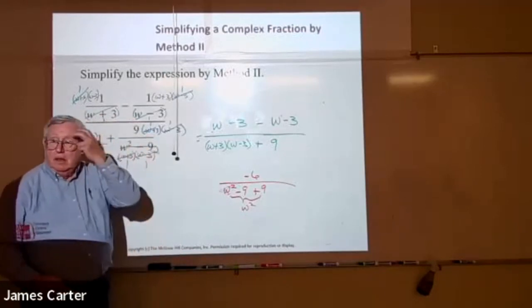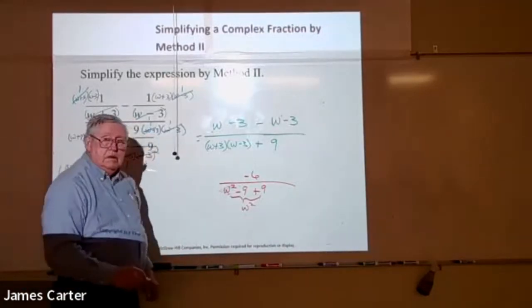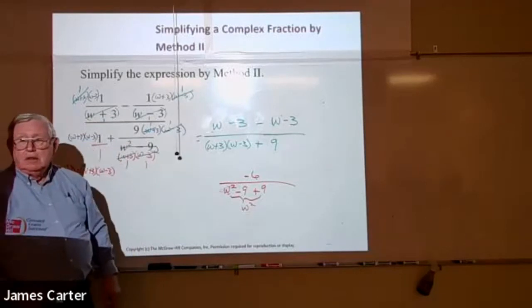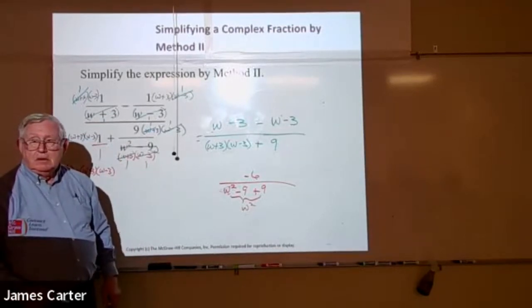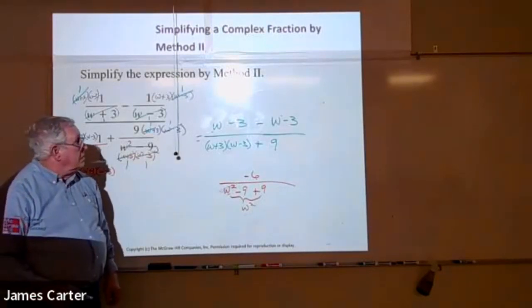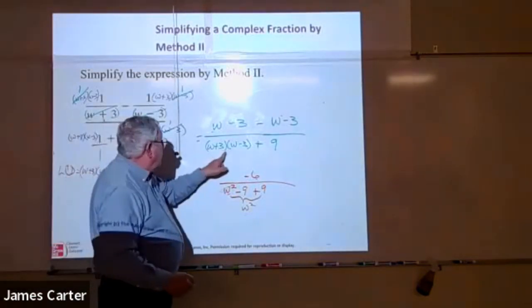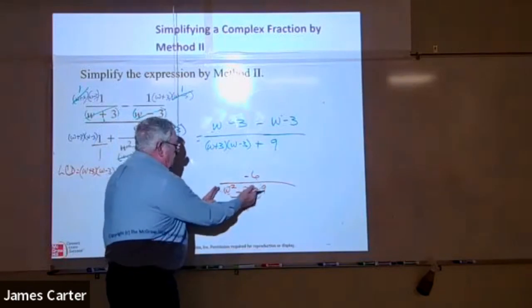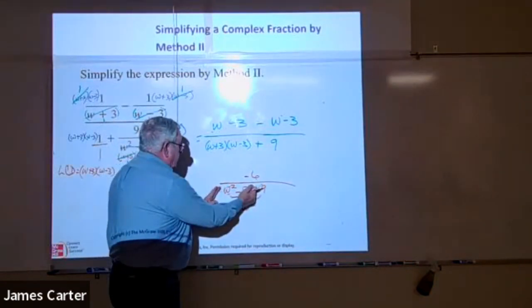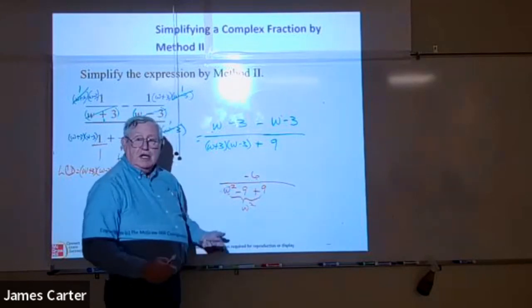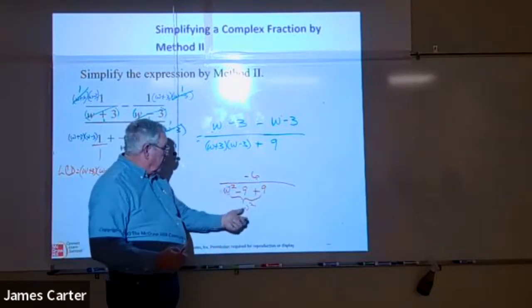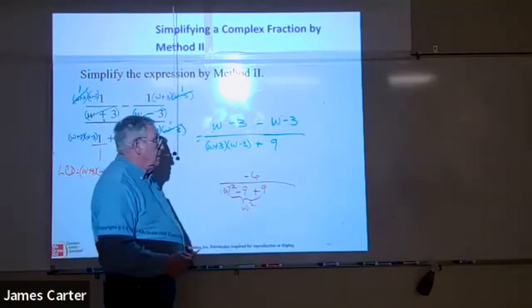Question? What? These two equal this part by itself. Minus 9 and plus 9 goes away. They cancel. So all I've got left is W squared.